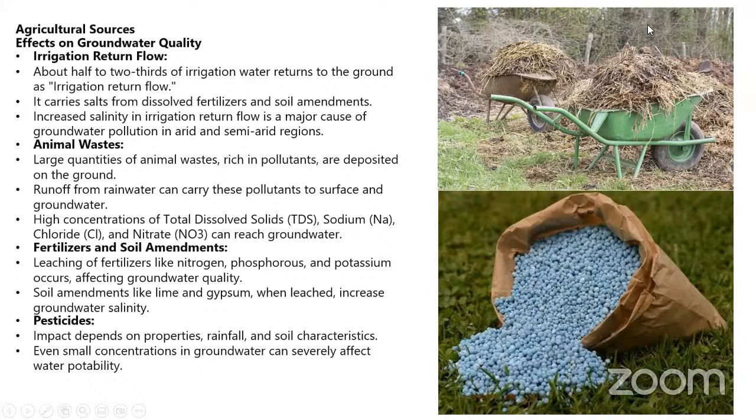When these wastes are mixed with rainwater, there may be runoff, and the rainwater can carry these pollutants to surface water and groundwater. So like that, return flow from agriculture activity, fertilizers, and pesticides may affect the quality of groundwater.